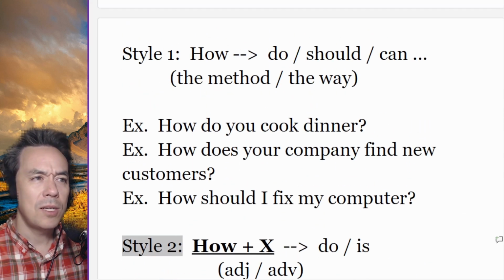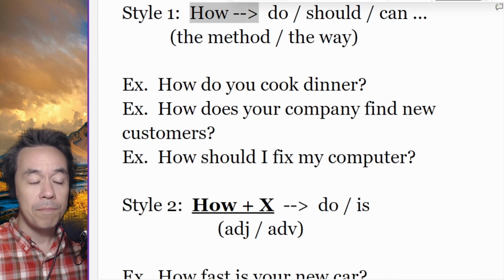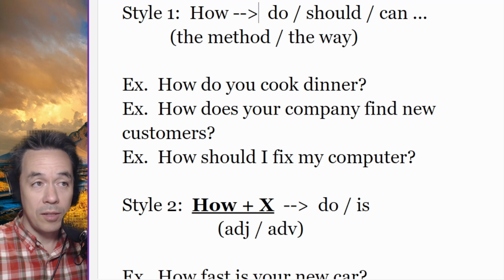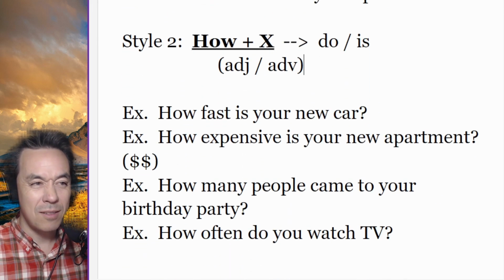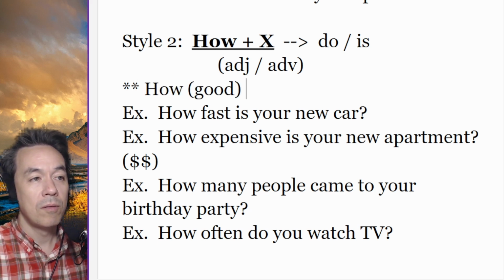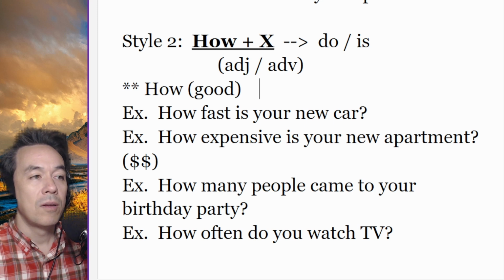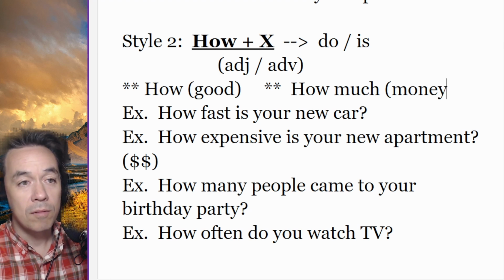But that's your first hint, is that the first style is just how, and then into the verb. This one is how plus something else into the verb, except for the two, which are how good and then also how much, that means money.